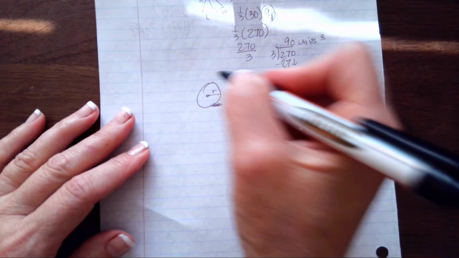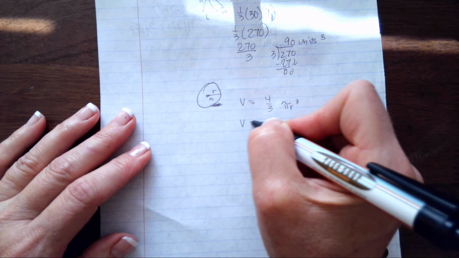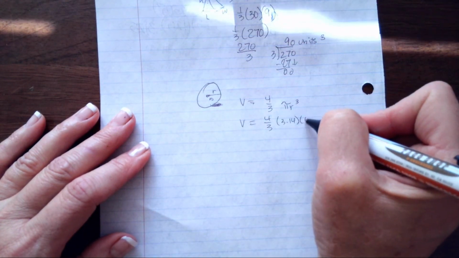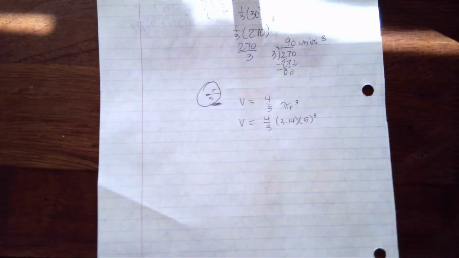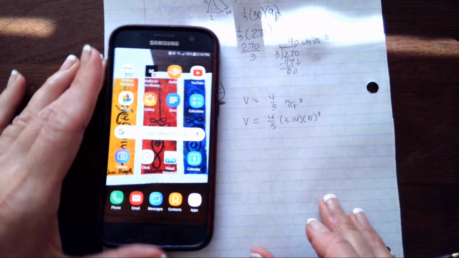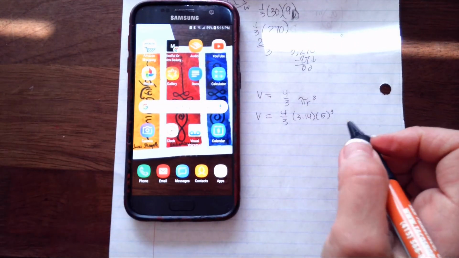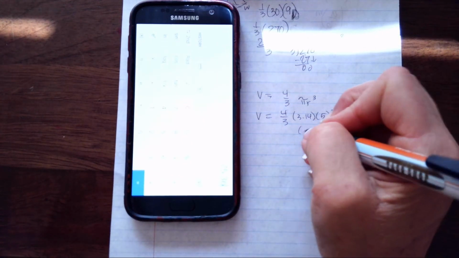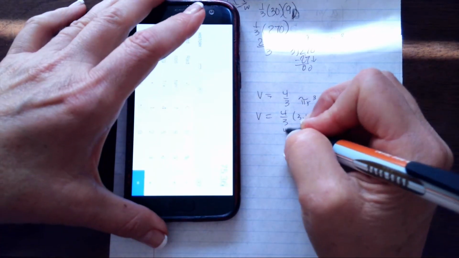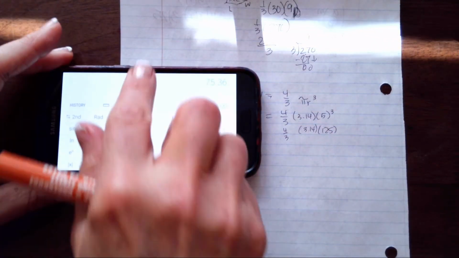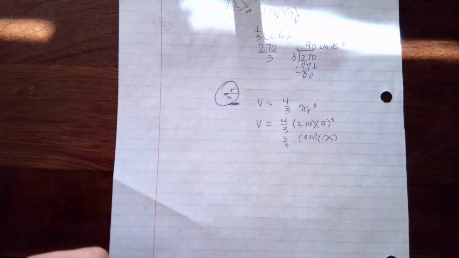So say our radius was 5. We're going to do 4/3 times 3.14 times 5 cubed. And so on the calculator, we are going to do 5 cubed first, which is 125. This is 3.14, and this is 4/3. So let me darken this. I don't think you can see it.